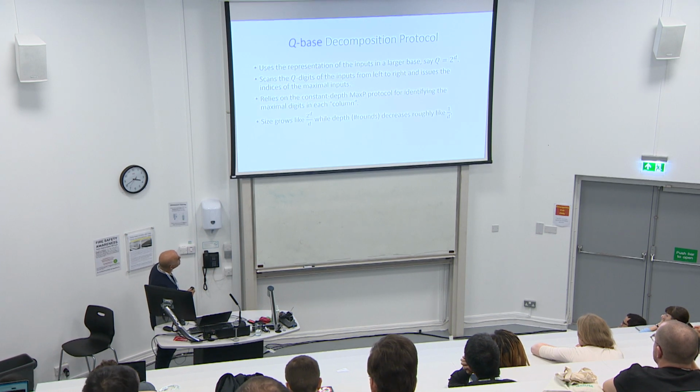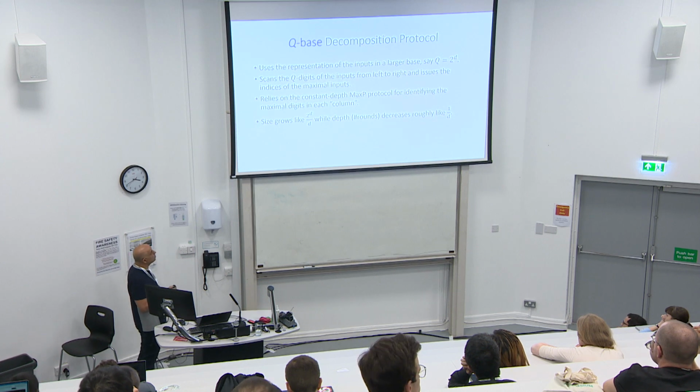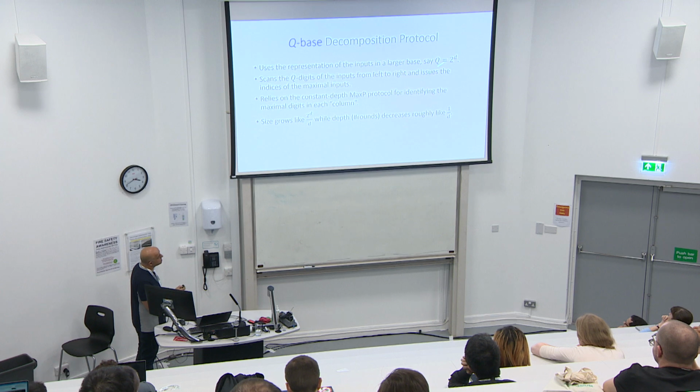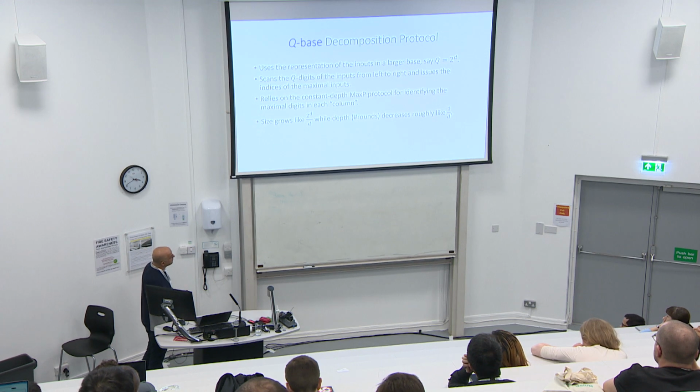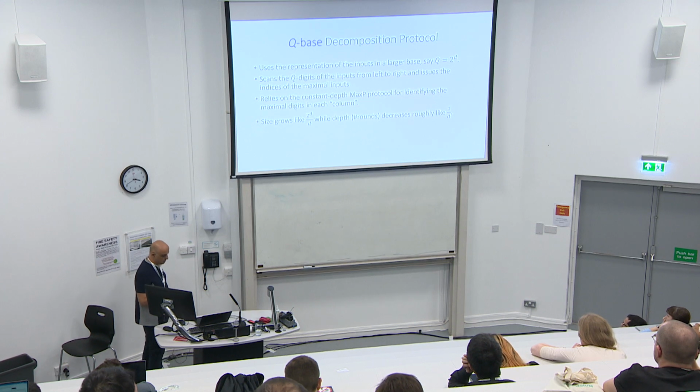And I should say that the size of the protocol grows like 2 to the power of d over d, where d is the number of bits in each digit, while the depth, the number of rounds, decreases like 1 over d. Of course, there is a trade-off between the size and the number of rounds.